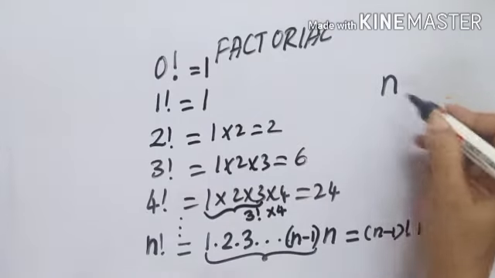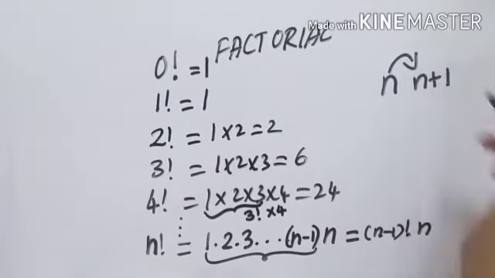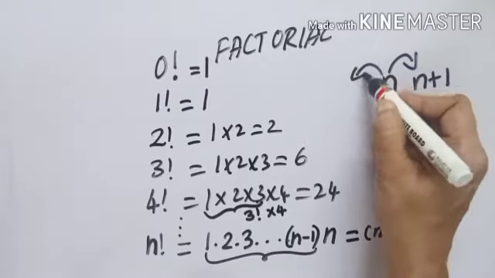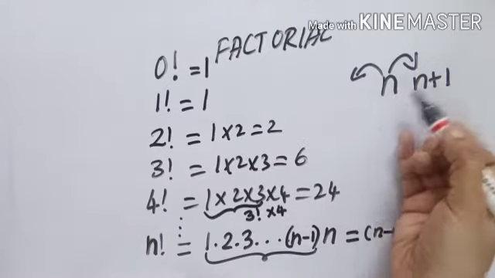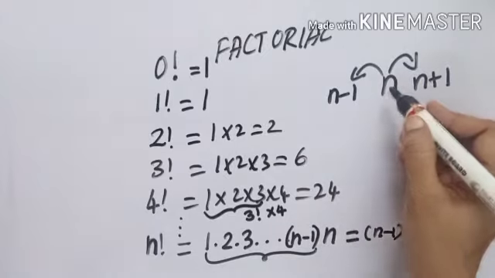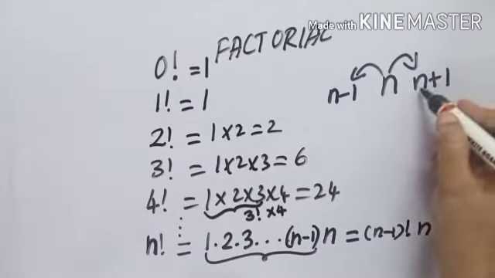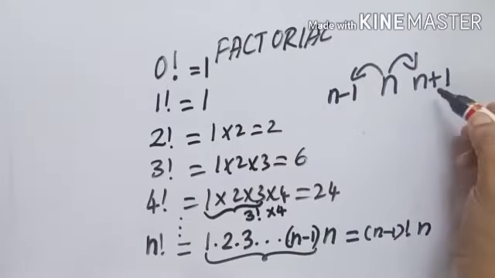N is a general number. The next number means add 1. The previous number, how do you get 3 from 4? 4 minus 1 is 3. So for n, previous number is n minus 1. For n, the next number is n plus 1. Tell me one more. What is the next number for n plus 1?